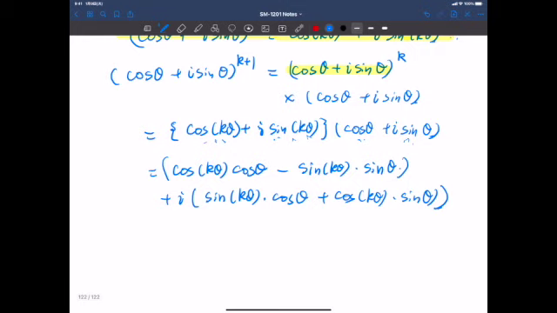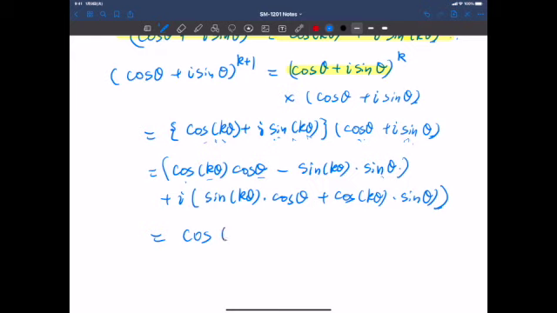Now we can use the formula we have just proved. So this is equal to cosine k theta plus theta.